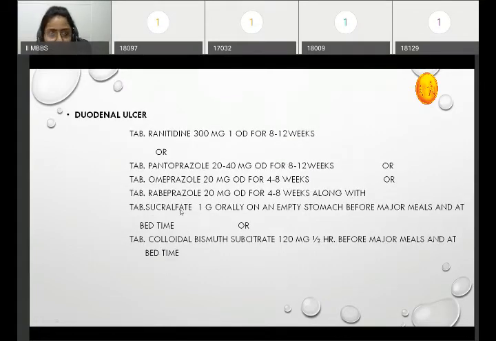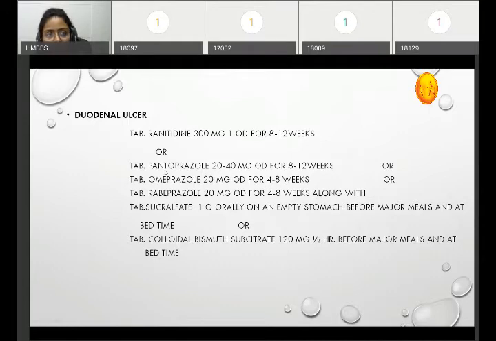The second condition is duodenal ulcer. Again, for duodenal ulcer, you write the same drugs, that is H2 blockers. The dose is the same, duration is the same, and all the proton pump inhibitors, that is pantoprazole, omeprazole, rabeprazole, again the duration is the same.